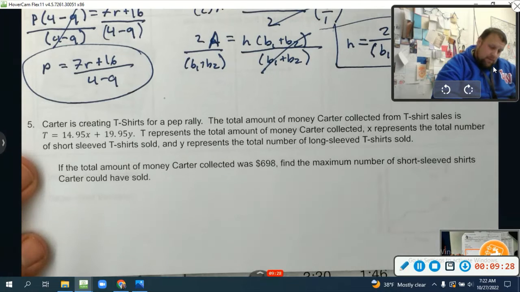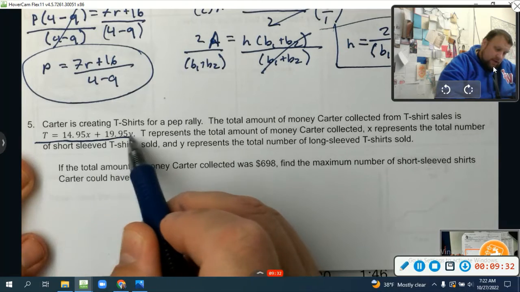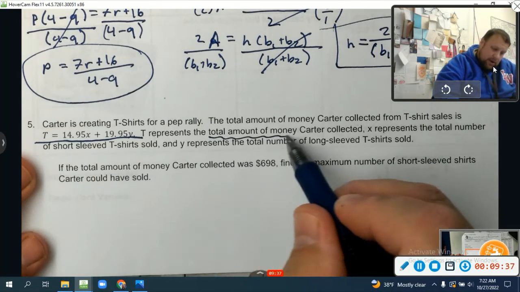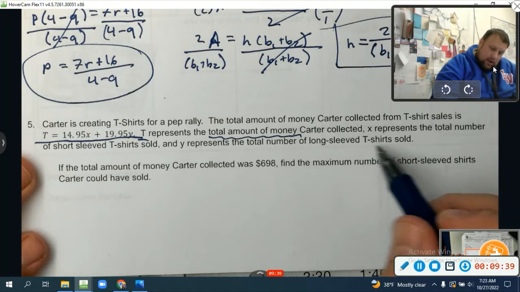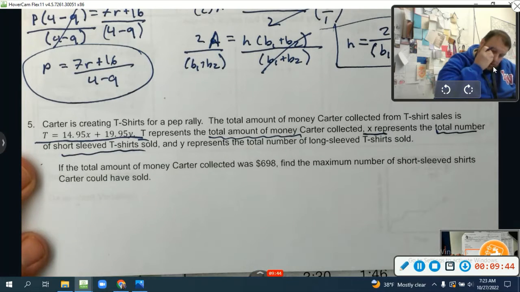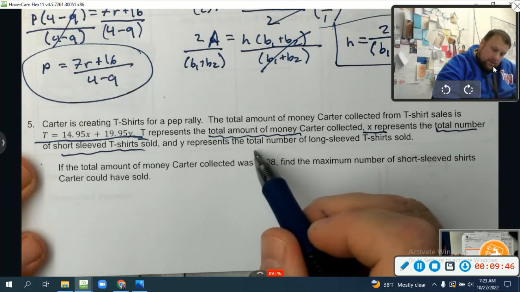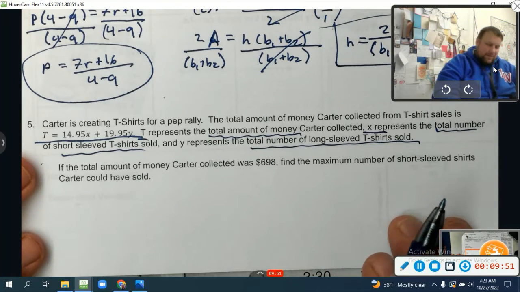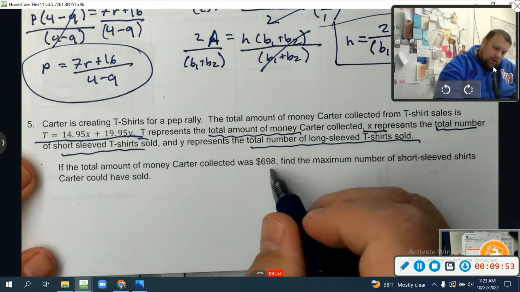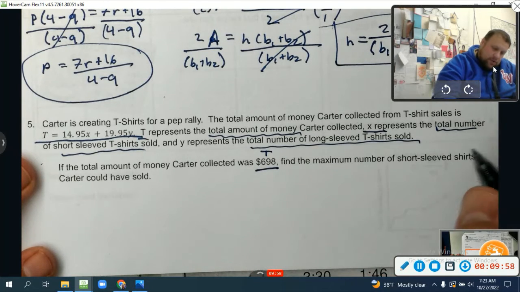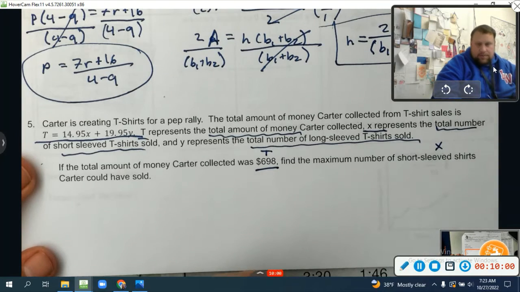But the total amount of money Carter collected from t-shirt sales is T equals 14.95X plus 19.95Y. T represents total amount of money Carter collected. X represents total number of short sleeve t-shirts sold, and Y represents total number of long sleeve t-shirts sold. If the total amount of money Carter collected was 698, so that's T right there, find the maximum number of short sleeve shirts, that's X, Carter could have sold.